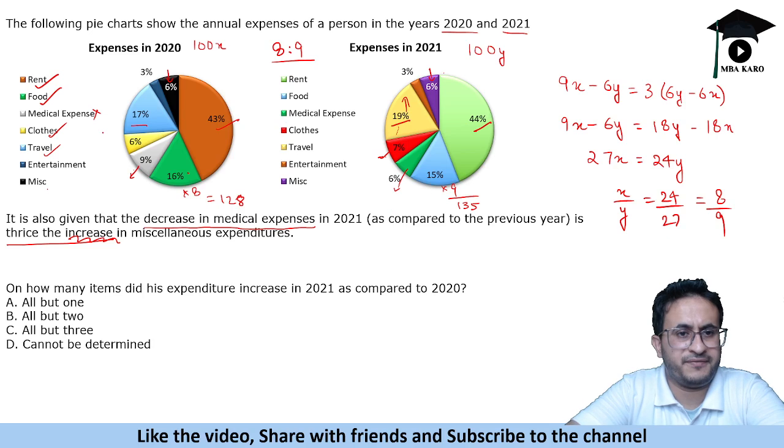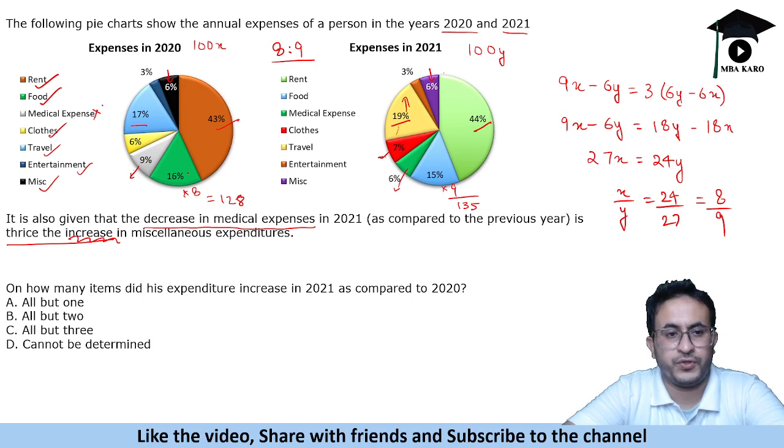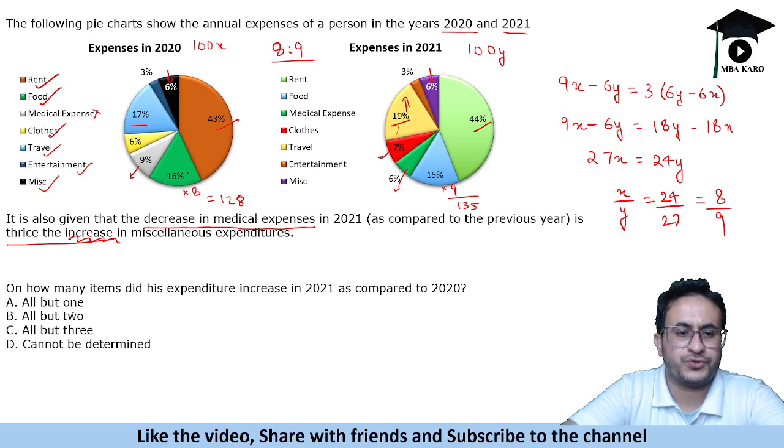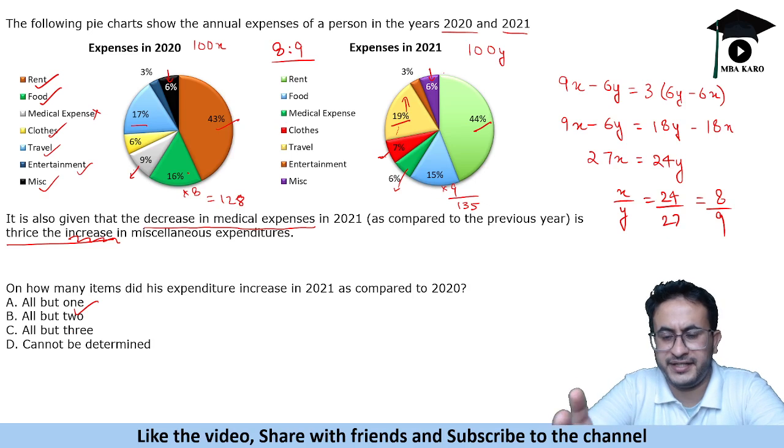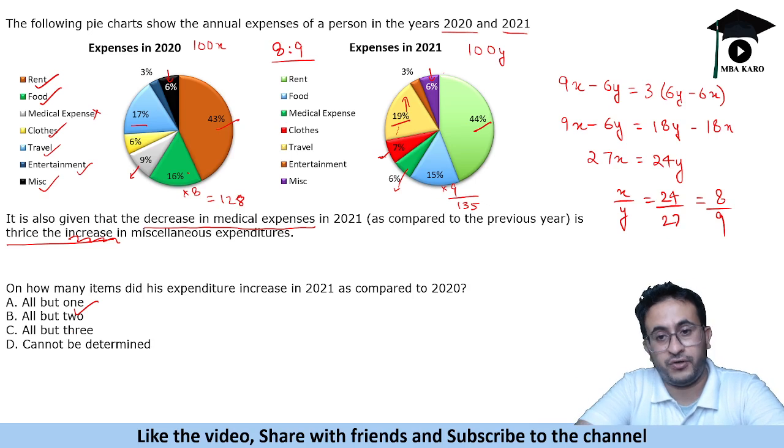Then entertainment is 3% each, and since overall expenditure is increasing, the entertainment expense increased. Miscellaneous we are already given that there is an increase. So in all these categories except medical expenditure, the expenditure increased. So the answer is all but one. All but one means in all it increased, but in one it did not increase.